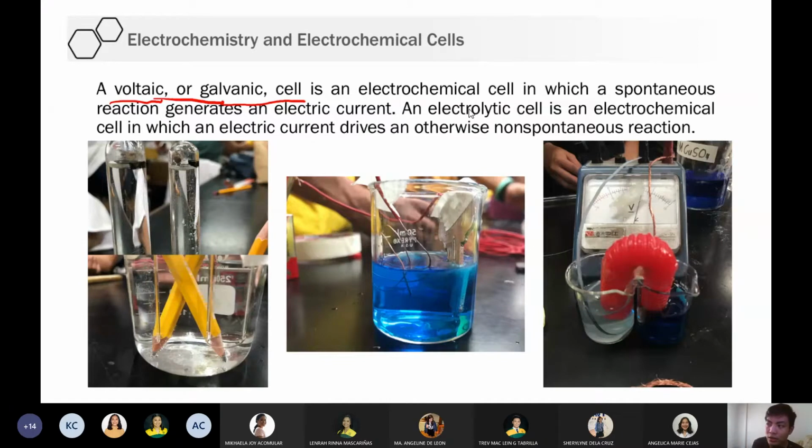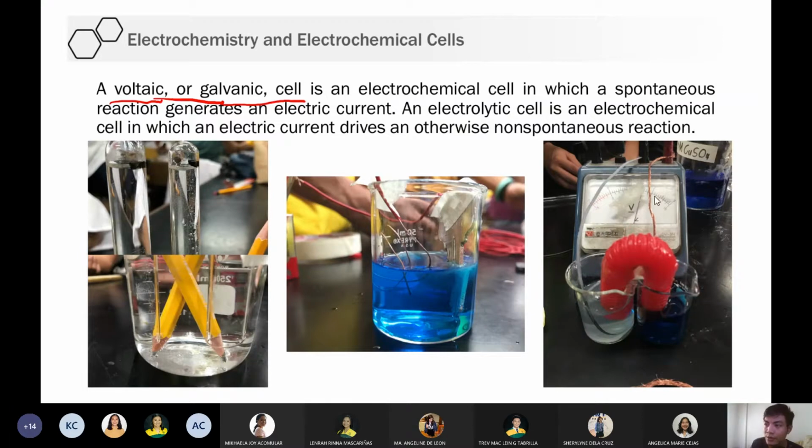Okay? So the one on the right is a voltaic cell because it produces electricity. Its cell potential is positive. Its voltage is positive. But these two on the left are electrolytic cells. These are cells in which you have to provide the electricity for the reaction to happen.